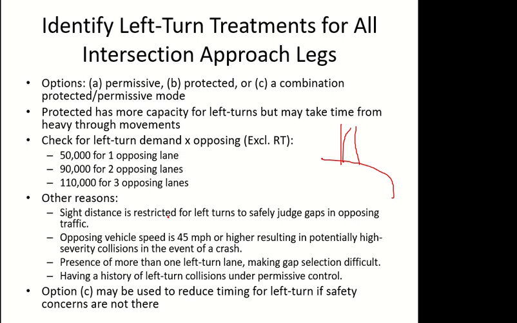Sight distance, speed, and more than one left turn lane are all related to safety, because you have two vehicles going side by side without any signal, and vehicles coming from the other side as well, which is dangerous. And crash history obviously is related to safety. So in this case you go for the separate left turning signal.